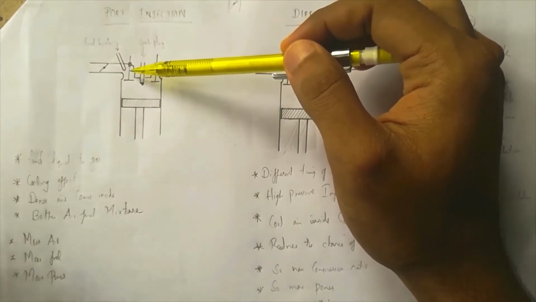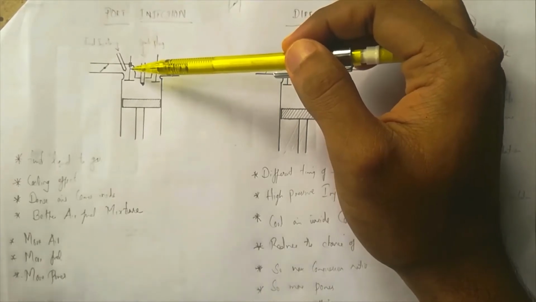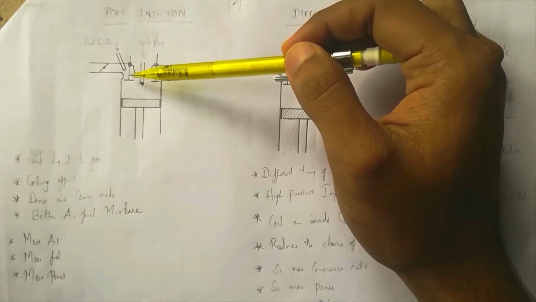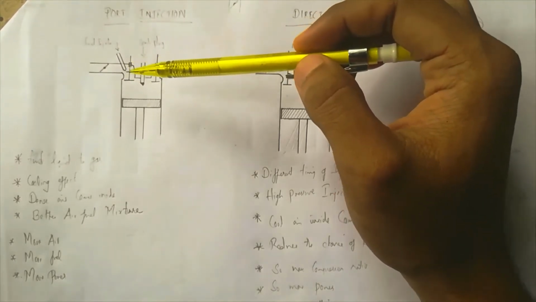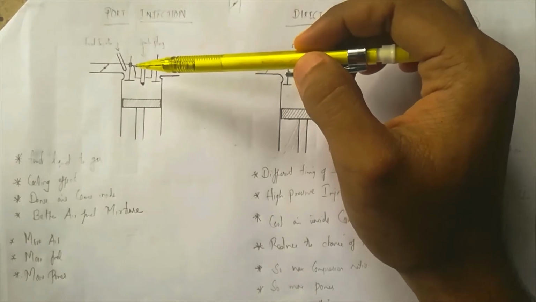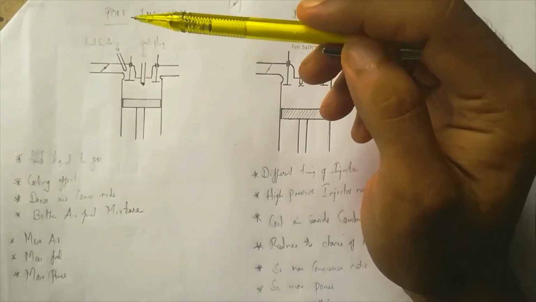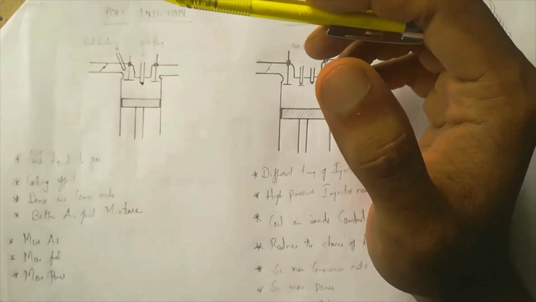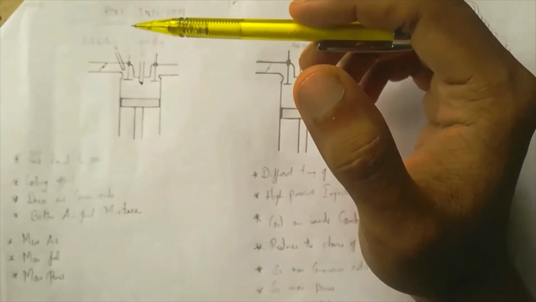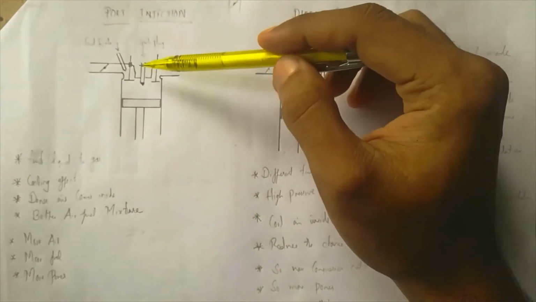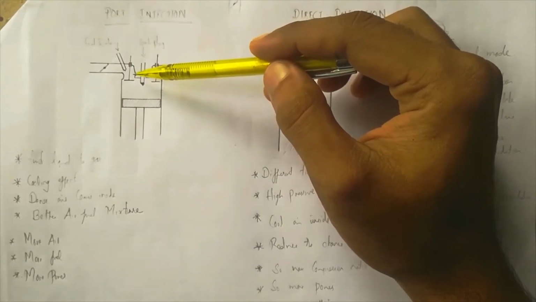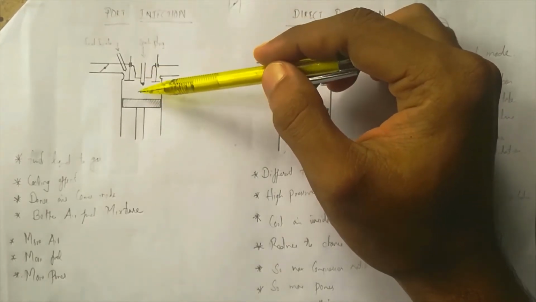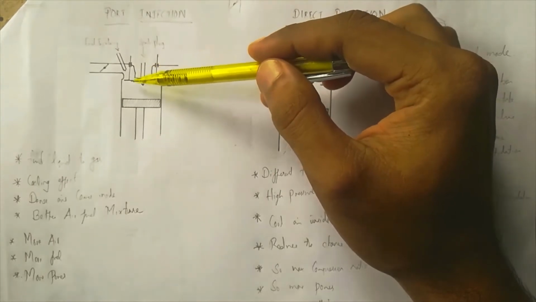So the surrounding oxygen or air molecules will get cooled down. When it's cooled down, the density of the air is increased. That means the air gets more dense because it has cooled down. So that air has more oxygen molecules, and that cool, fresh, dense air will be coming inside the combustion chamber when the intake valve is opening.